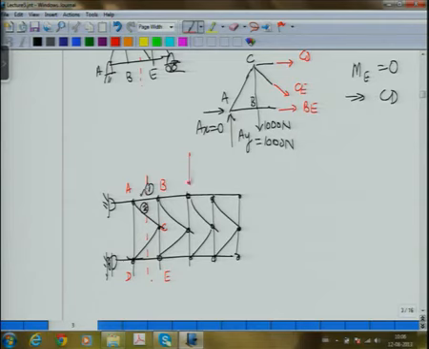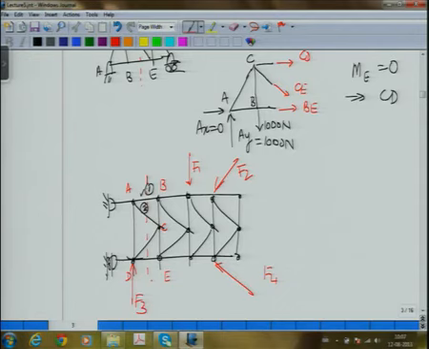So suppose F1, F2, some external loading is there, F3, F4. If I look at the right half now, there are no unknown reactions. So obviously my choice should be to choose the right half, not the left half. Why? Because if I use the left half, first I will have to calculate the unknown reactions. Whereas if I use the right half, I don't need to do that. So I'll use the right half.